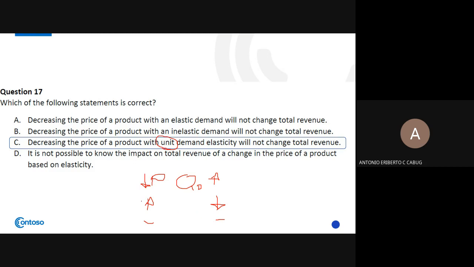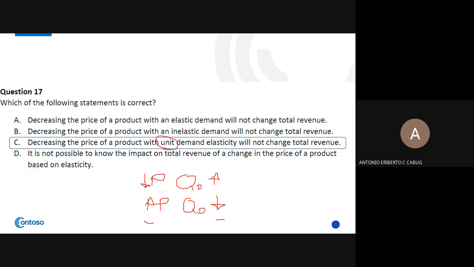Ngayon, kapag elastic ka, konting galaw lang sa prices, mas OA yung galaw sa quantity. Sa sobrang laki ng galaw sa quantity, pag babababa ka ng presyo, tataas yung revenue mo. Pag magtataas ka ng presyo, babagsak yung revenue mo. Kapag elastic, mas OA yung galaw ng quantity.